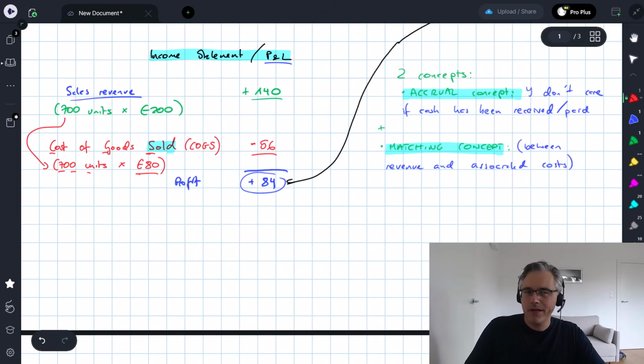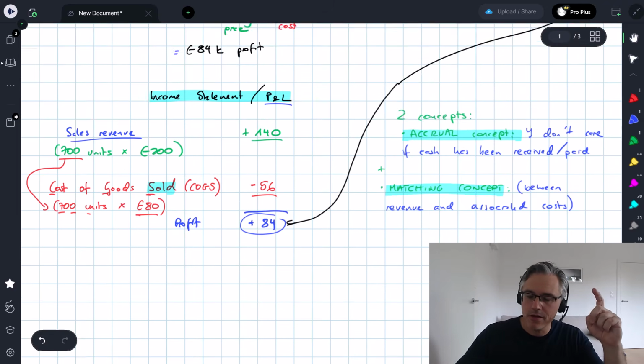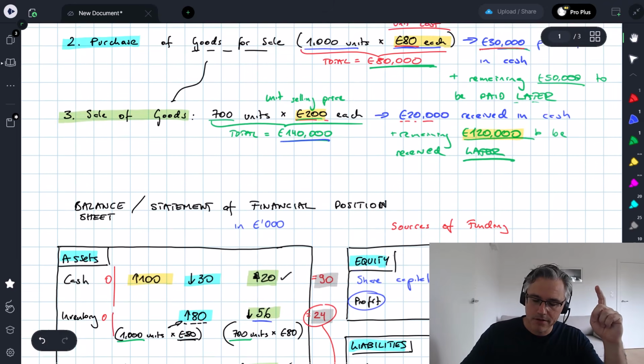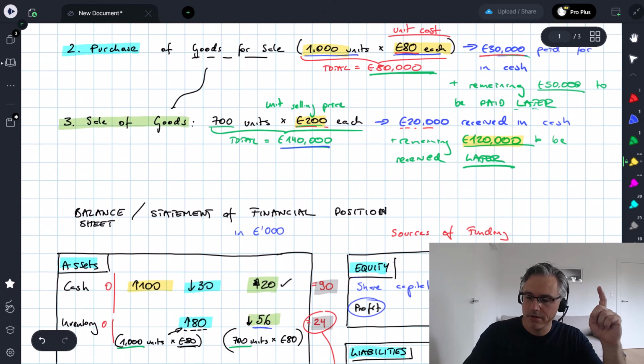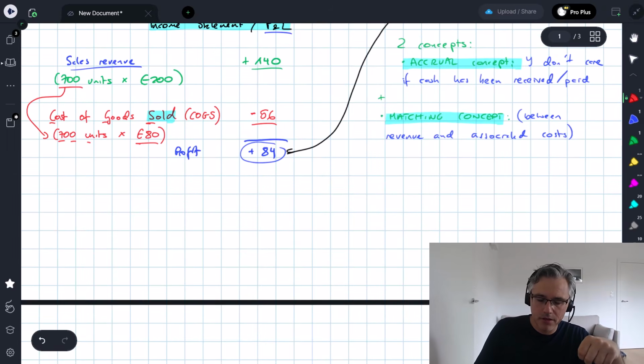So when a business tells you, I've generated some sales revenue, which was the result of selling 700 units for a certain price, the cost of goods sold will be matched to the volume, the size of that sale. Even though we purchased a larger number of units, a total of 1,000, I'm not saying that my cost is 1,000 times 80. I'm matching the cost to reflect the cost of only those goods which were sold.